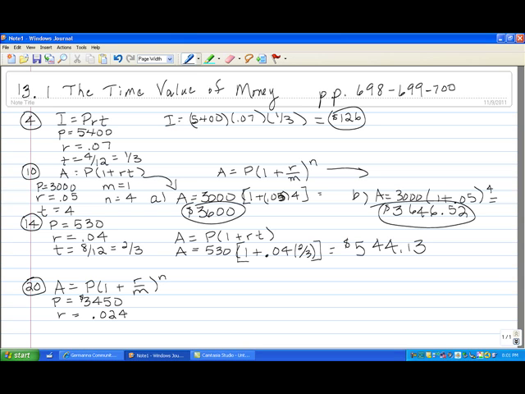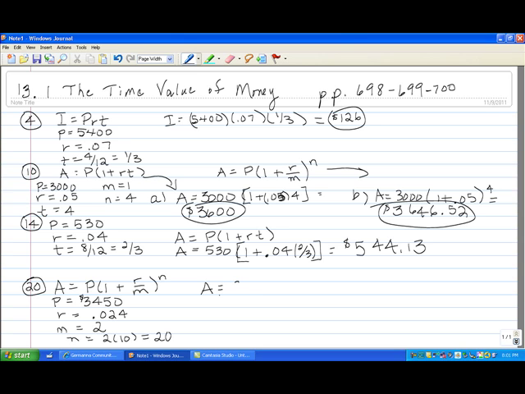You still want to change it to a decimal. Semi-annually means M is twice a year. And your time is 10, so N would be twice a year times 10 years. It's going to be 20 payments, or 20 times it's compounded, I should say.